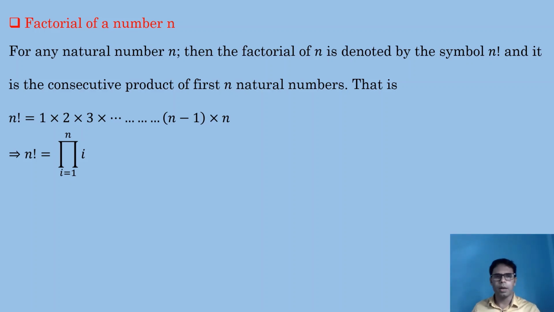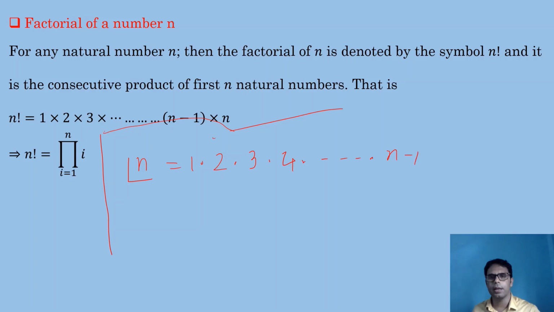You see here how to obtain the value of factorial 0. Before that, we have an important property of factorial notation. By the definition of factorial, factorial of n is the continuous product 1 into 2 into 3 into 4 and so on up to n minus 1, and then finally it is n.